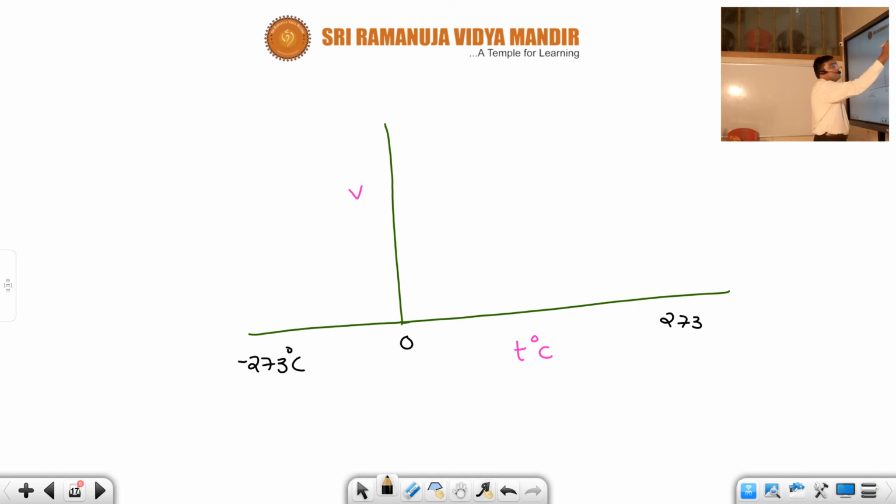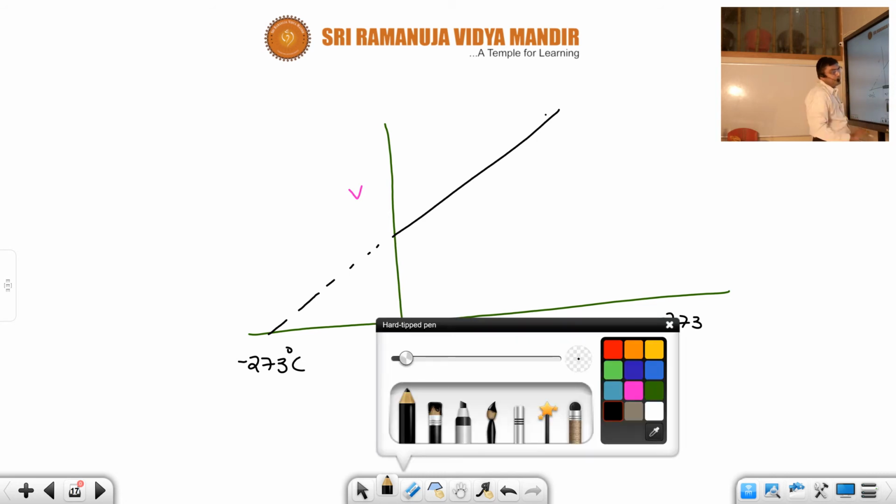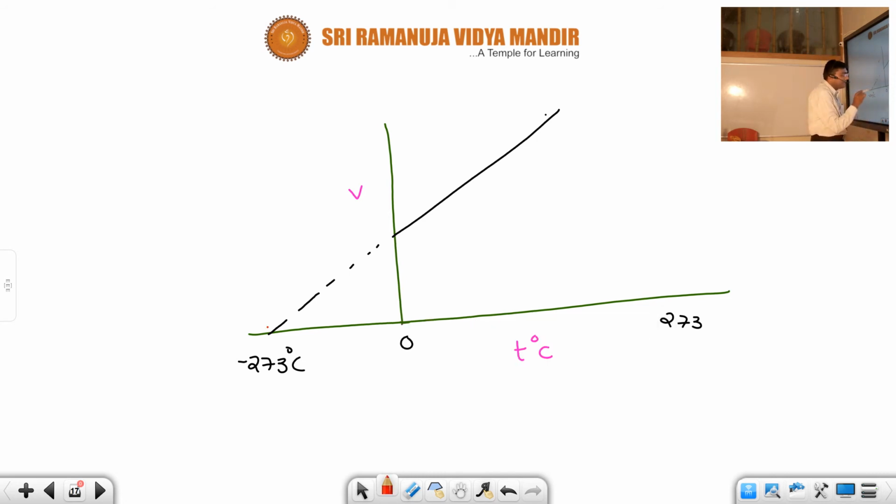Now what happens? Students, you know very well. This is the volume getting extrapolated and it is becoming 0. So at this point, have a look here. At this point, volume is 0. Volume is 0 at what temperature?